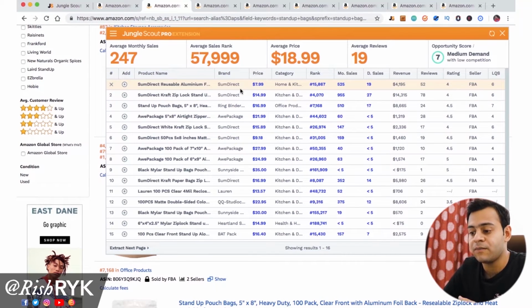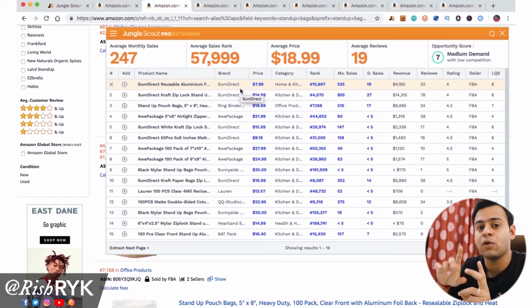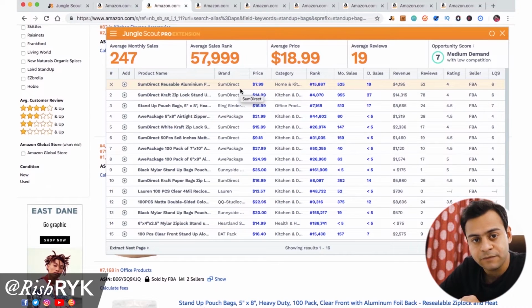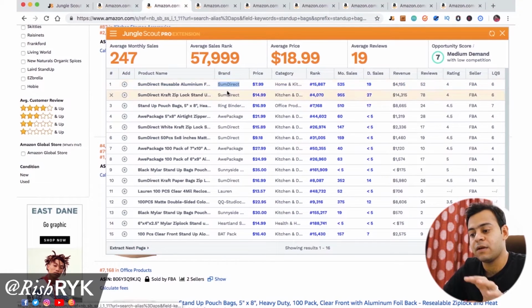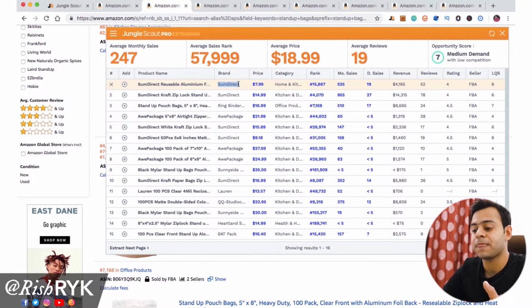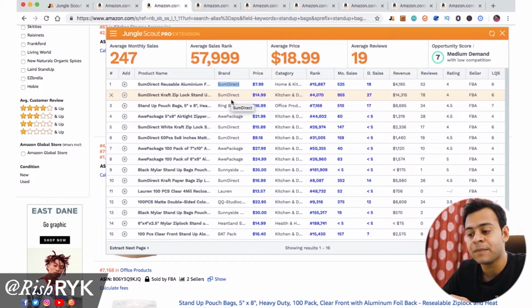Moving on, the second column, we're going to see the brand. Now here there are 2 simple things to observe. First, check if the brand column is dominated by a single brand. For example, you see this name Some Direct over here. Hypothetically, if the entire column or majority of it was dominated by just this brand, that would mean they have some kind of monopoly in that product.